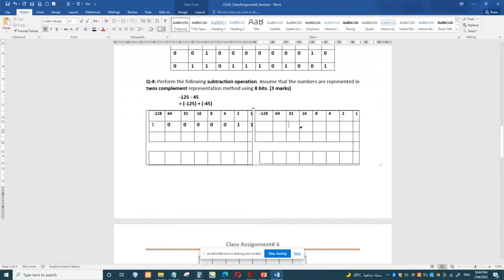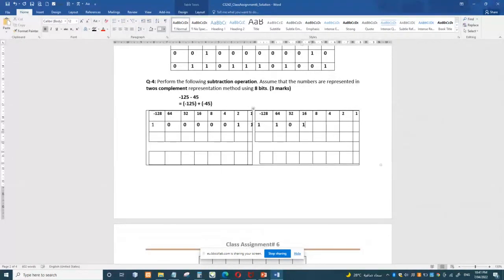Now again, minus 45. We can take 1, that is minus 128. We can take 64, so minus 128 plus 64 is minus 64. But our number is minus 45, so we cannot take 32, but we can take 16.